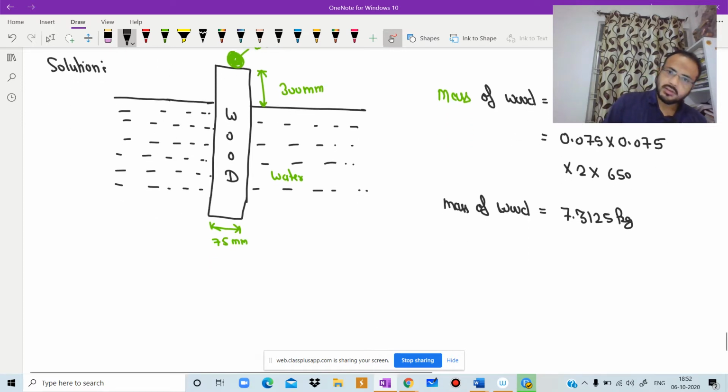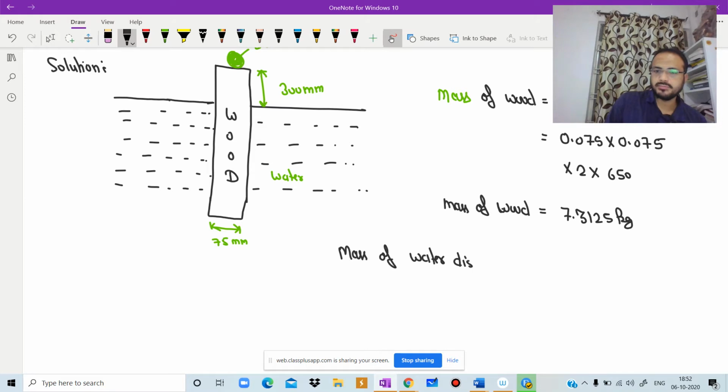Now balance. So mass of water displaced, that should be equal to 0.075 into 0.075 into, inside is total 2000 millimeter, 300 outside, 1700, 2 minus 0.3, into density of water 1000 kg per meter cube.